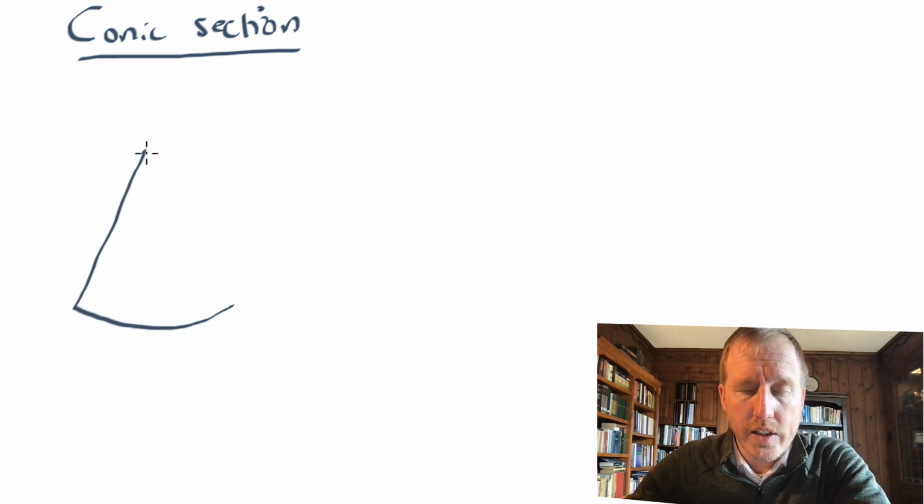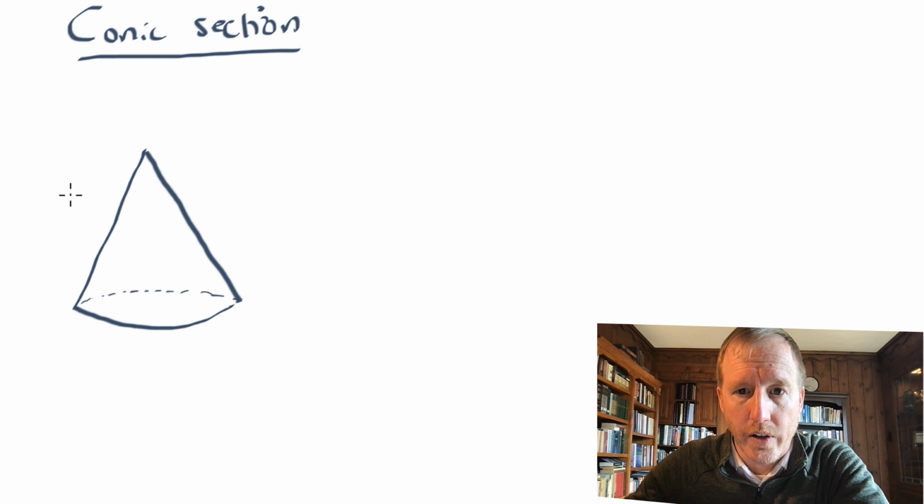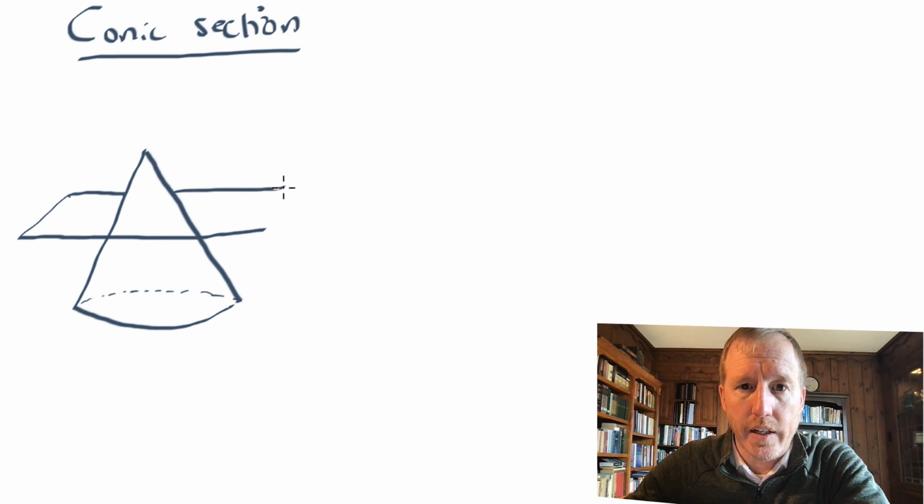So first of all, let's suppose that we had a cone. Draw a cone like this. And let's suppose we were to take a plane and cut the cone by this plane so that the plane is parallel to the base of this cone.